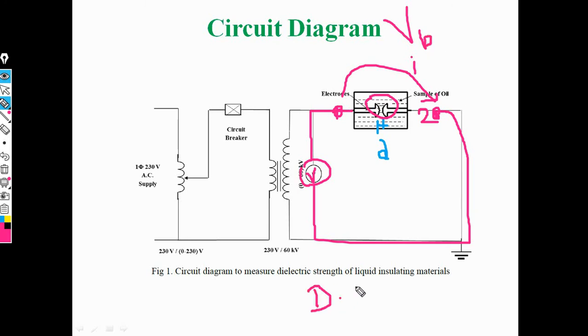Dielectric strength is the ratio of breakdown voltage upon distance. We have to measure the breakdown voltage.